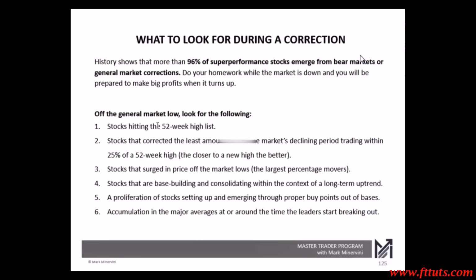And then you're looking for stocks building bases, and even moving sideways while the market's correcting. That's going to get the relative strength to pick up, and you want to see a proliferation of that. You want to see more and more stocks setting up that way and holding up that way, and that's going to form the basis for your buy list and what you're going to start looking for as potential buy candidates. Okay, we're going to just take a very short break, and then we'll be right back.